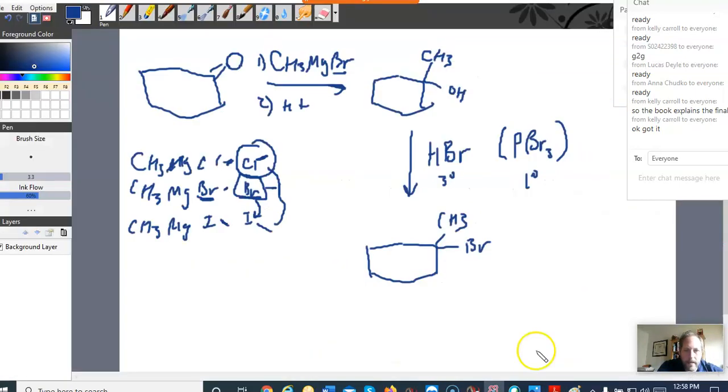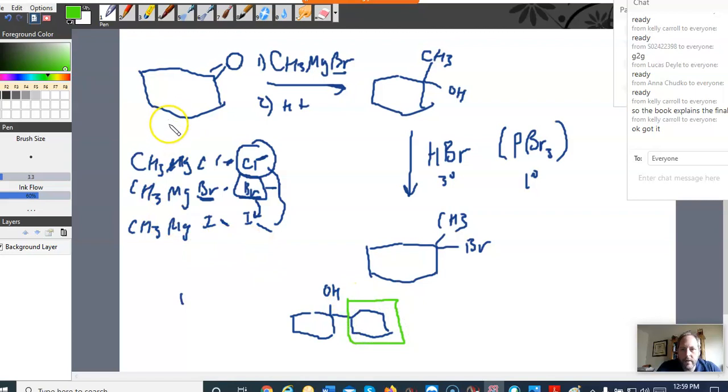The next one is that. And then finally, the last one. It's a one-step reaction. It looks complicated, but it's not. Basically what we're doing is adding a Grignard. And our Grignard is, let's do line, that's our Grignard right there. That whole thing is the Grignard.